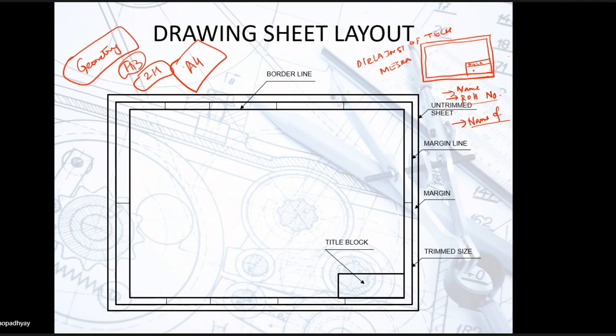After that, your name, your roll number, and the name of the drawing sheet. Okay? That should be present in your title block. Any other information that is required, you have to write it down here. What information you would require to write it down here? I will tell that to you. Okay?